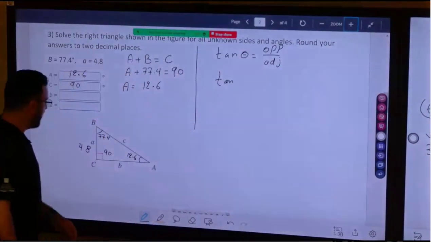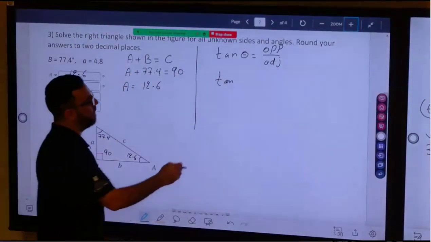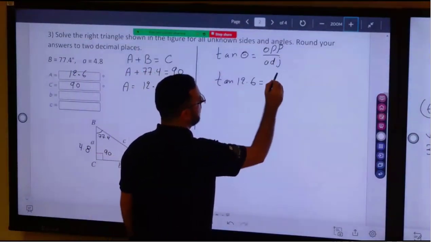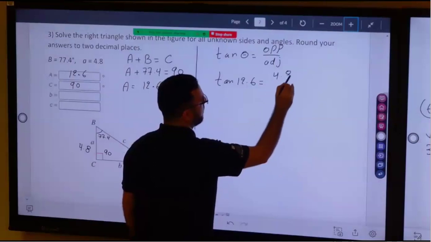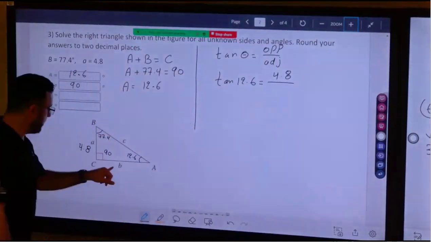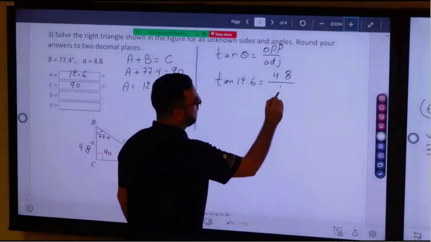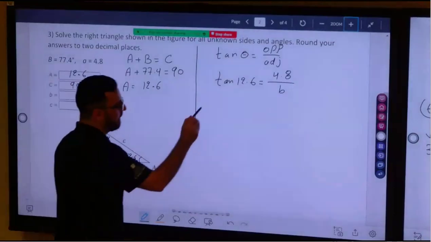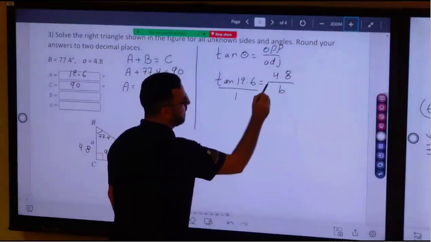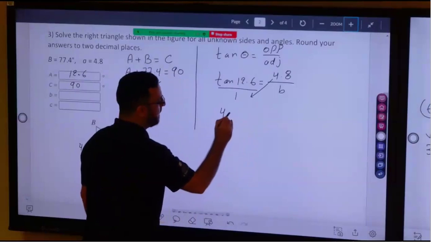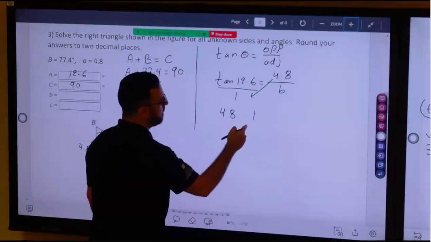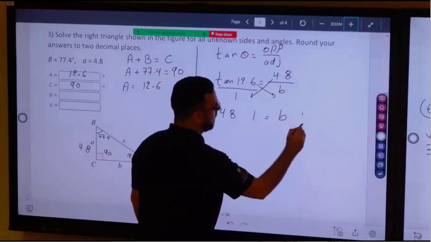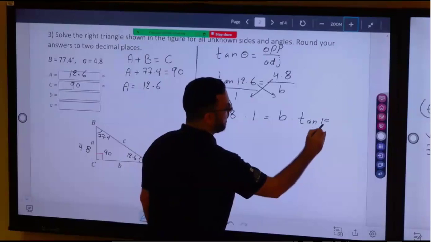So tangent of 12.6 equals the opposite, which is 4.8, over the adjacent, which is B. Next step, cross multiplication. 4.8 times 1 equals B times tangent 12.6.